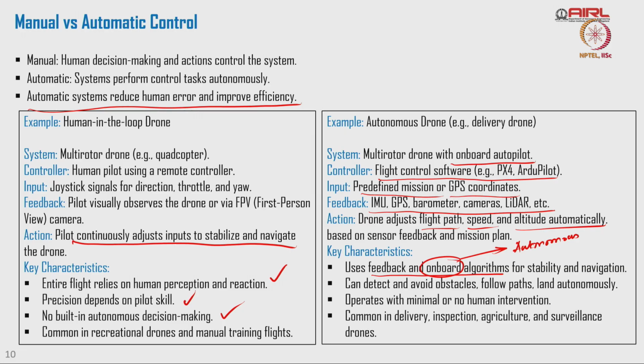It can detect and avoid obstacles because the sensors will give the essence that in the environment some obstacles are present, then the autopilot with proper algorithm will be able to avoid the obstacles, then it will follow the path, land autonomously, reach the desired position autonomously. It operates with minimal or no human intervention, that I have already told, and it is common in many applications, or it is going to be common in the next few decades in an even more extensive way in delivery, inspection, agriculture, surveillance, logistics and whatnot.